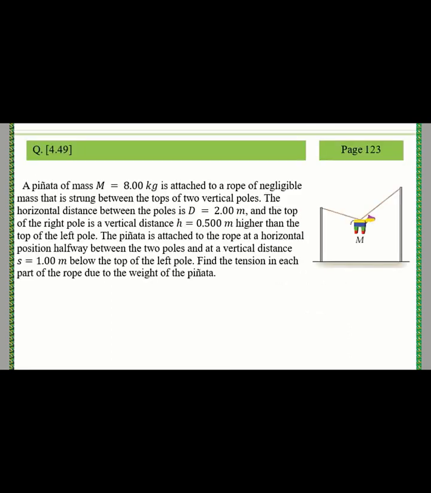Now, a piñata of mass m, 8 kg, is attached to a rope of negligible mass that is strung between the top of two vertical poles. This is the first pole and this is the second pole. The horizontal distance between the poles is d.